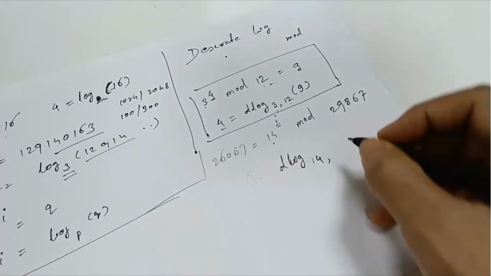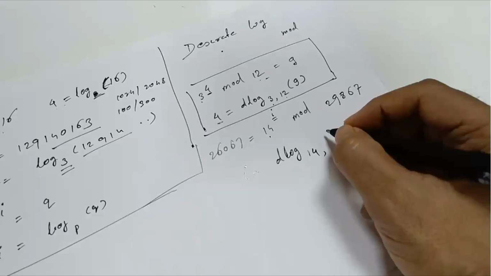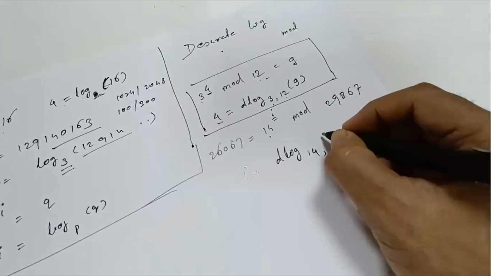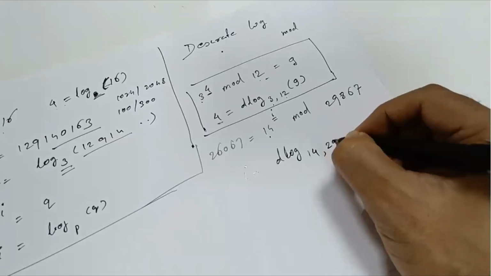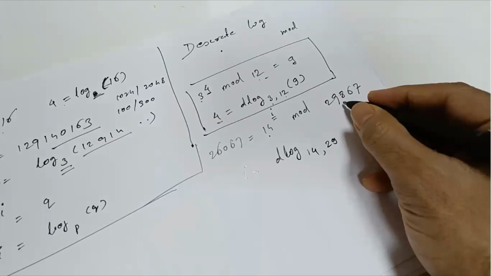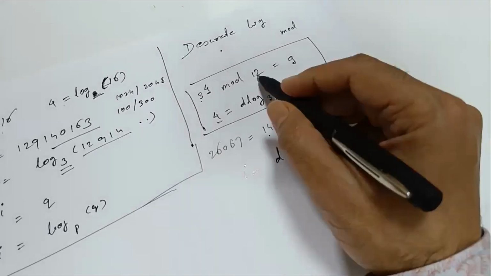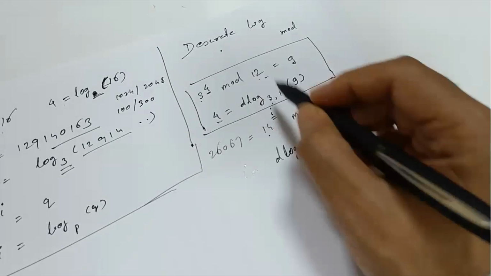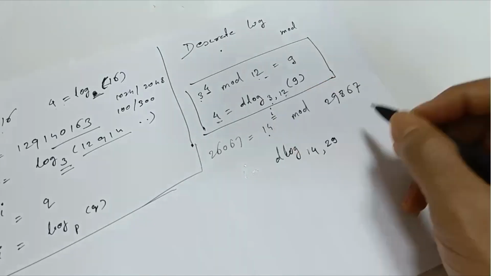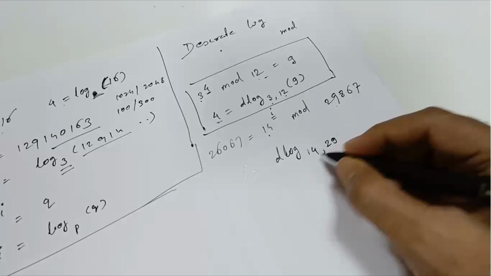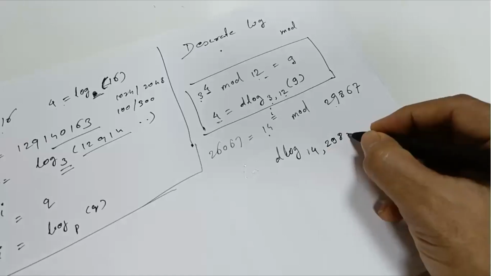The second item will be the mod operator, whichever mod. So if in mod 12 you are taking, 12 is the second one. So this will be the second item of the log, which is a base.